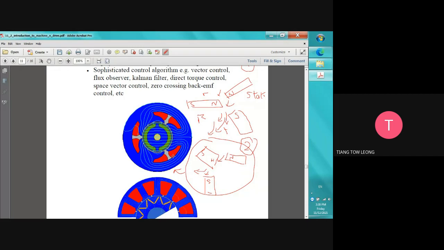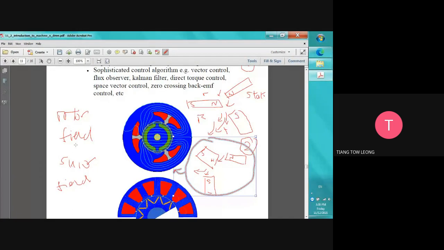The rule of thumb is we must have two fields. One is a rotor field, which we call the excitation field. The other is the armature winding field, the stator field. The rotor field comes from the rotor part.